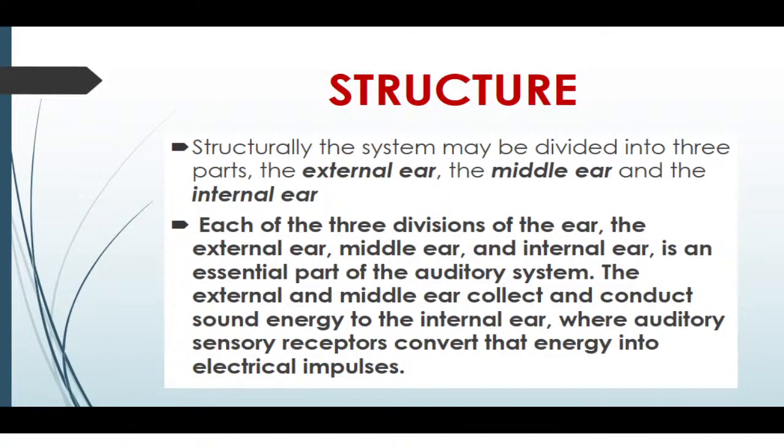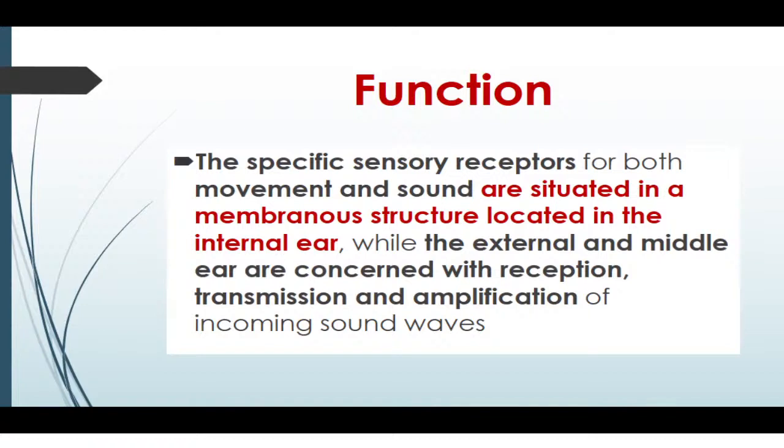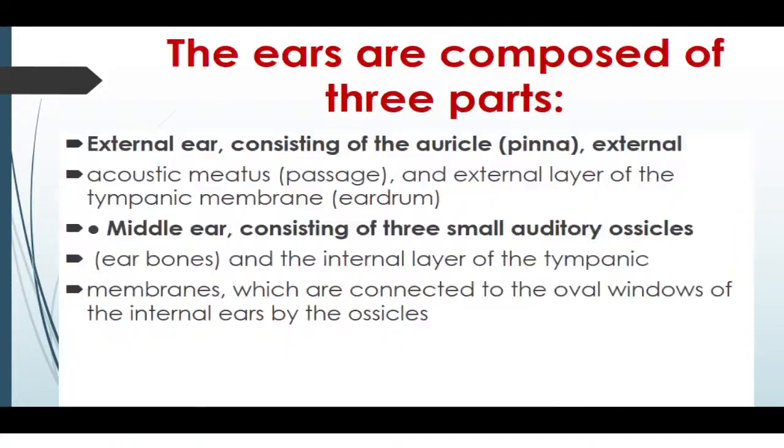There the auditory sensory receptors convert the energy into electrical impulses. Function: the specific sensory receptors for both movement and sound are situated in the membranous structure located in the internal ear, while the external and middle ear are concerned with the reception, transmission, and amplification of incoming sound waves.